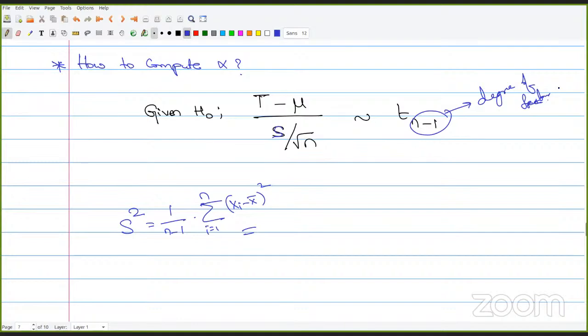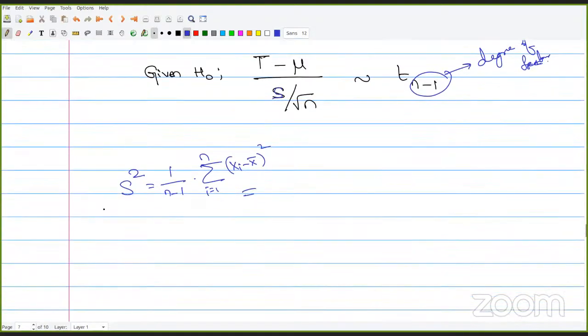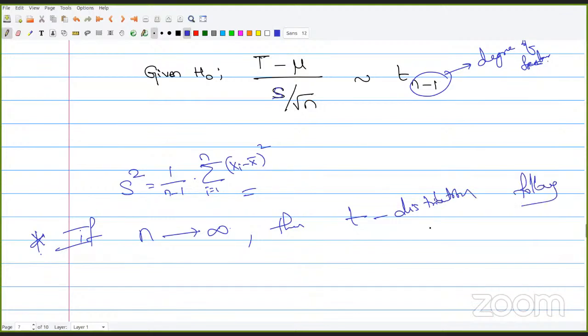One interesting fact about this t distribution is that if n is tending to infinity, that means your degrees of freedom is going to infinity, then the t distribution follows, any guesses? Standard normal. Okay.